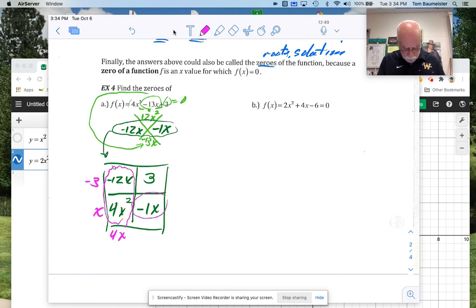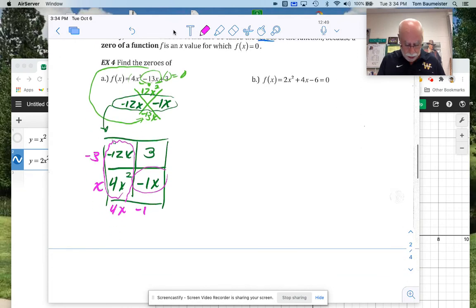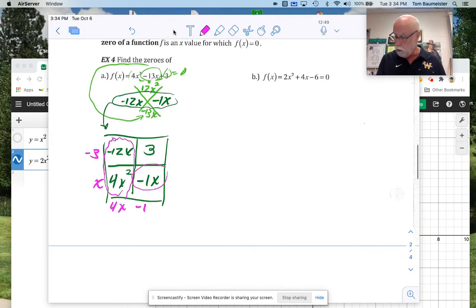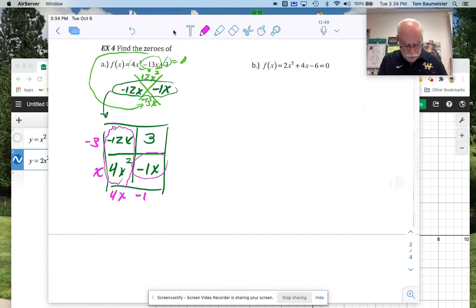X times what gives you negative 1x? And you would tell me minus 1. And then as a check, does negative 3 times negative 1 give you a positive 3? And you should be able to tell me yes. All right, so knowing that, we could then say that our factors are 4x minus 1 and x minus 3.